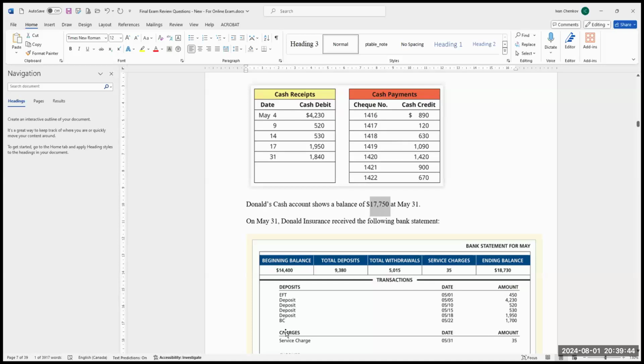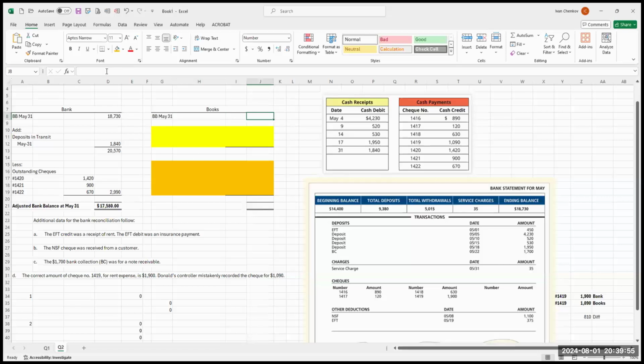I'm going to copy this number so I don't make any mistake transposing the numbers. And that will be my starting point here for the books, 17,750.